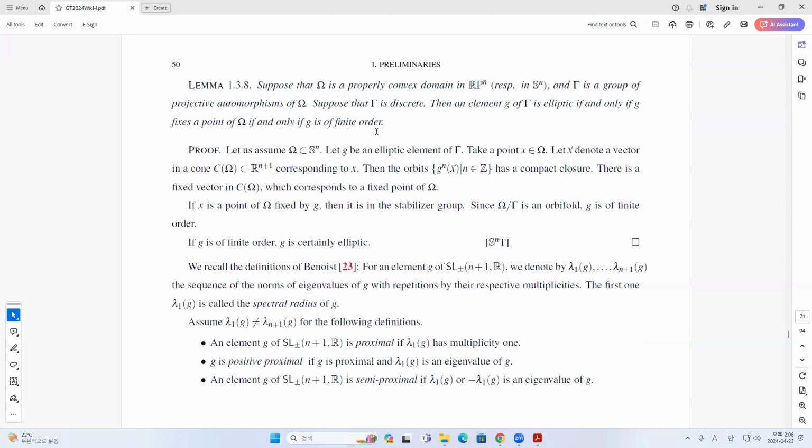The proof is that if you have any elliptic element, then you can take the orbit, and you can show that this orbit has compact closure. Therefore, there is some fixed vector under this because it is linear, and then you have some compact closure group in some cone. Therefore, you can find the fixed point.